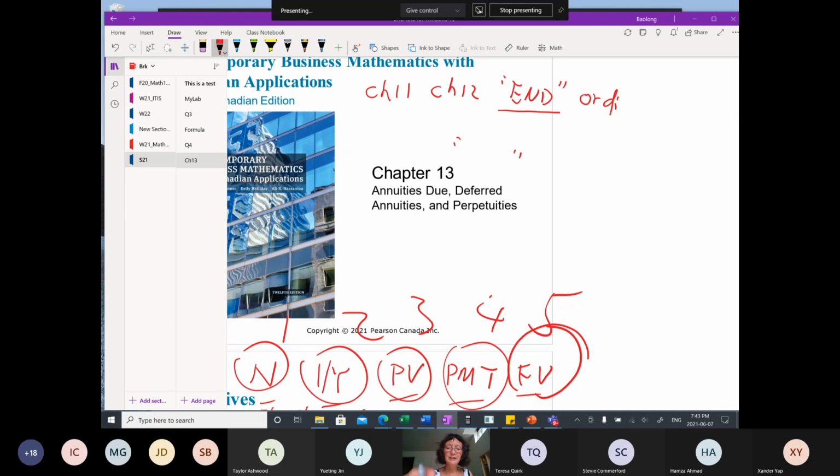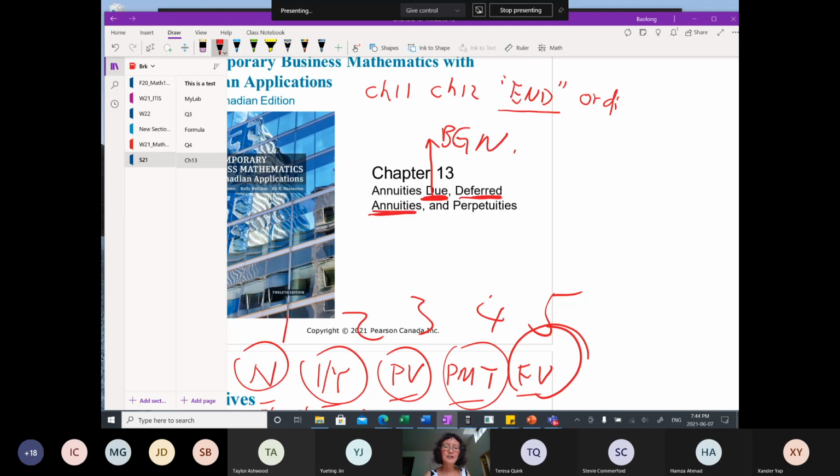So this is what we did today. We did annuities due. Due means when you make payment at the beginning of each month. And we also did deferred annuities.